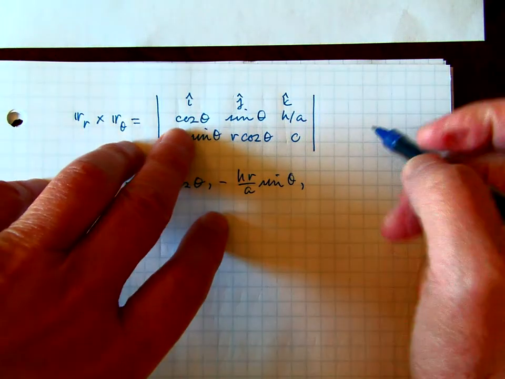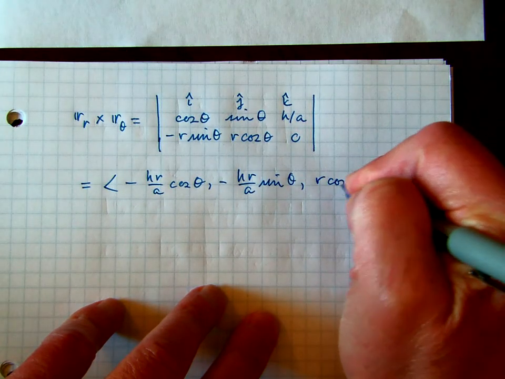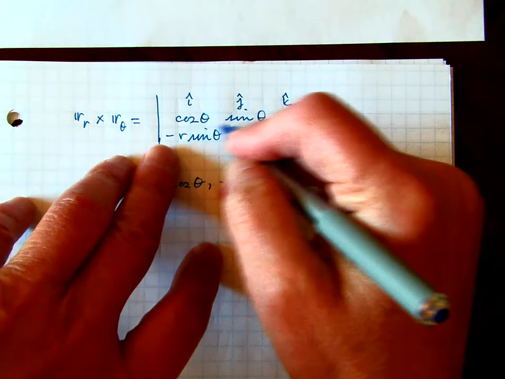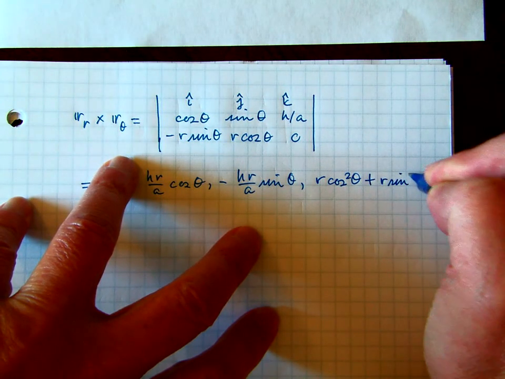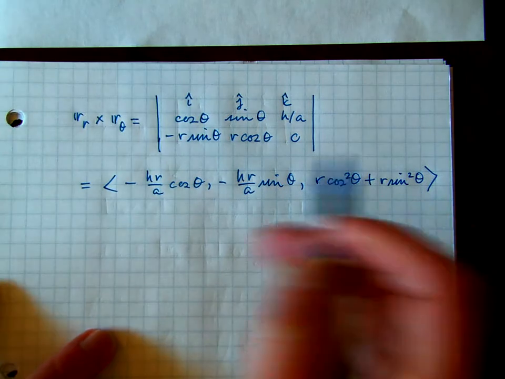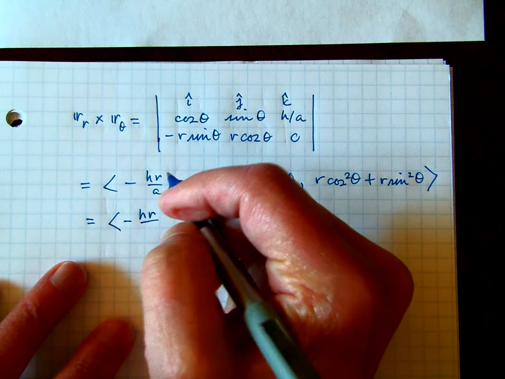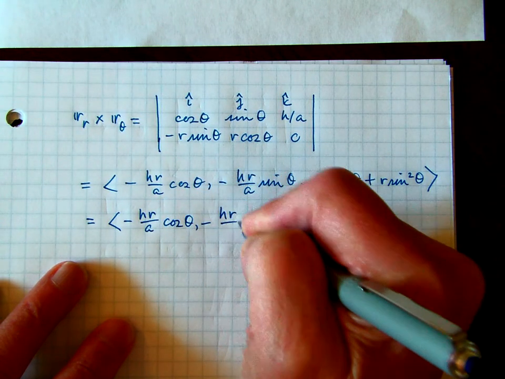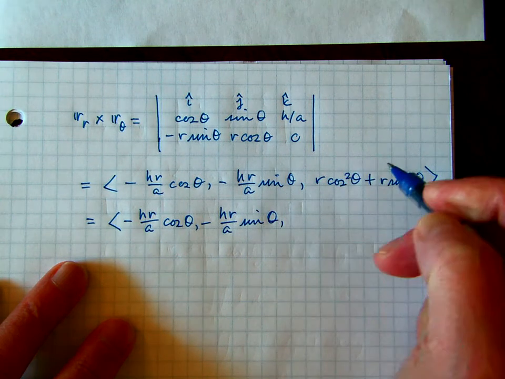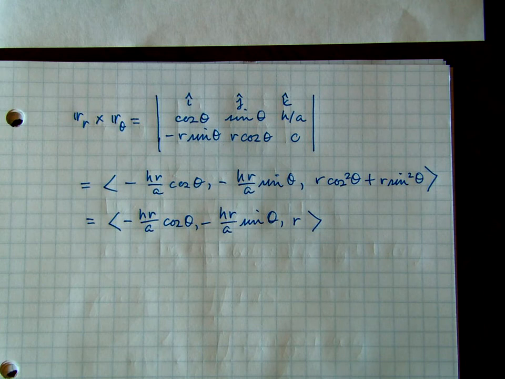And for the last component, we get r cosine squared theta. This minus does cancel, so we get plus r sine squared theta. In other words, minus hr over a cosine theta, minus hr over a sine theta, and plain old r. So that's our result from our cross product.